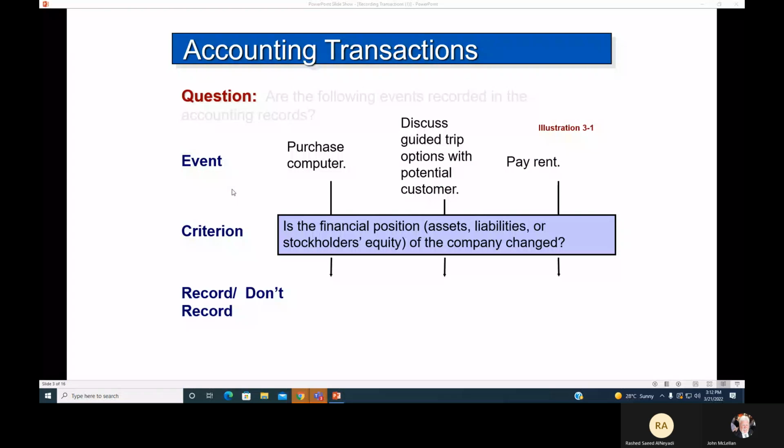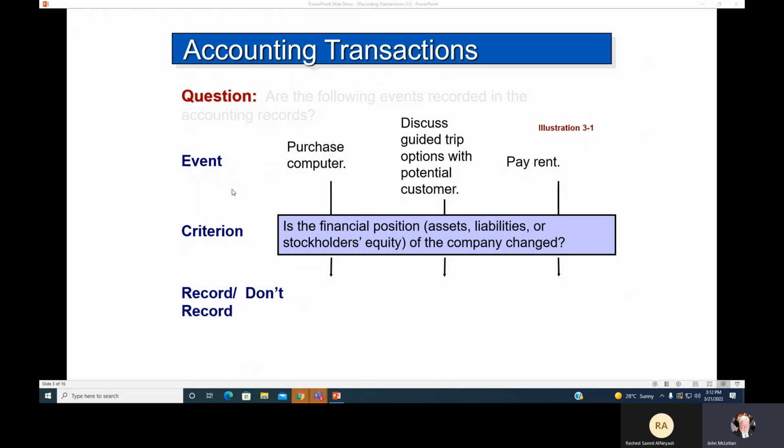For example, the event is I purchase a computer. Is that a transaction? Does that affect the assets, liabilities, or shareholders' equity of the company? Yes. Good.